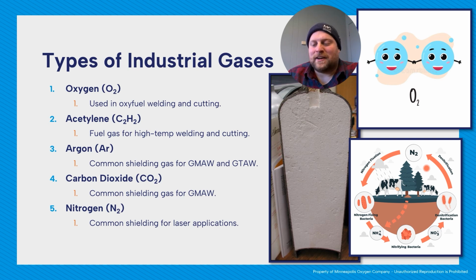So these companies are getting paid to sequester it, whereas we still need it for welding, beverages, that sort of thing. So it has been getting more expensive. There is plenty of it, but there is not a lot to be used for other industries, if that kind of makes sense. And then finally, nitrogen, common shielding for laser applications. Again, that's in the atmosphere. Primary gas in our atmosphere.